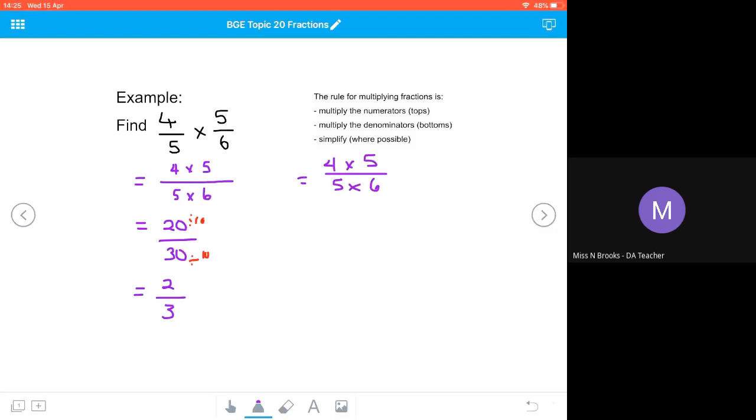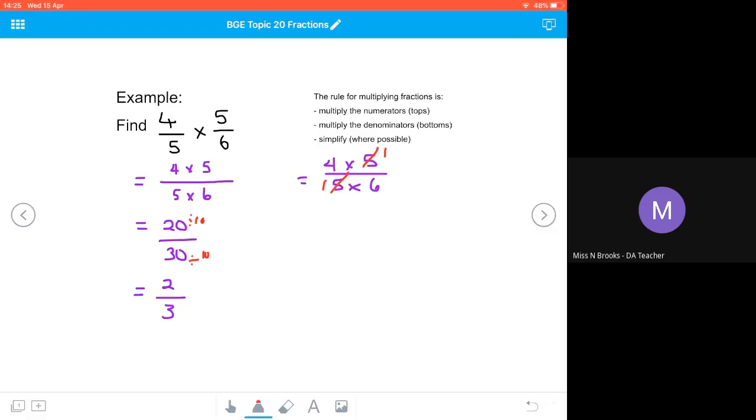So what we're going to do is notice that we've got a common factor of 5 here on the top and the bottom. So we can simplify that down to 1, because we know that 5/5 is the same as 1 whole.